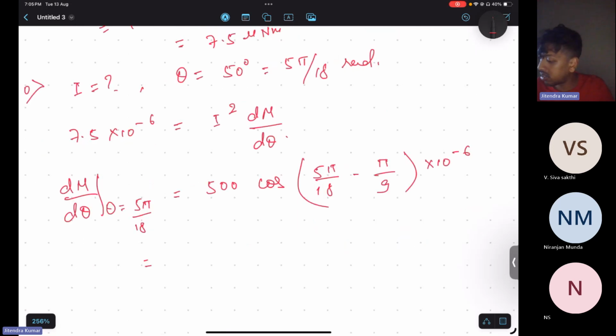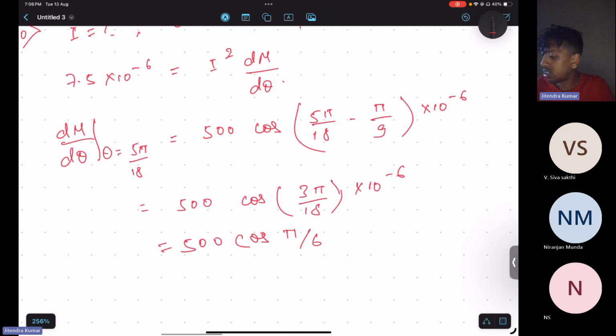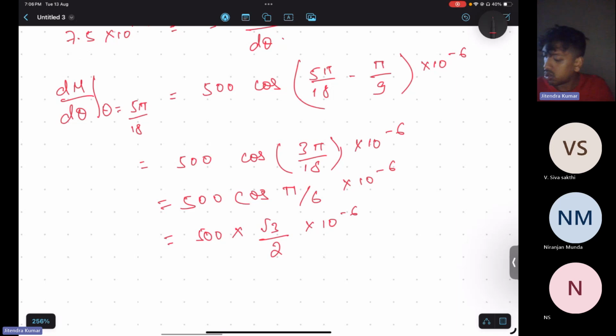So that will be 500 cos of 5 pi by 18 minus 5 into 5 by 18, so 3 pi by 18, into 10 to the power minus 6. 500 cos 5 by 6, minus 6, 500 cos 30, root 3 by 2. So this is the dM by d theta.